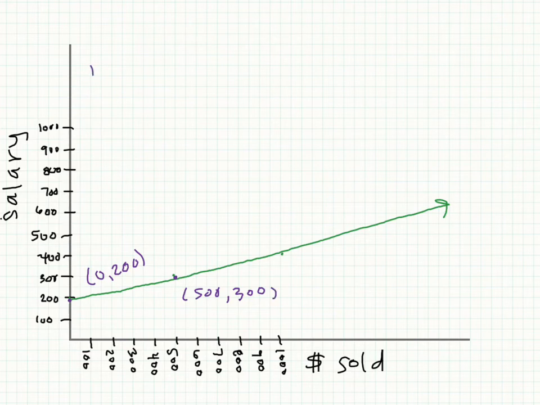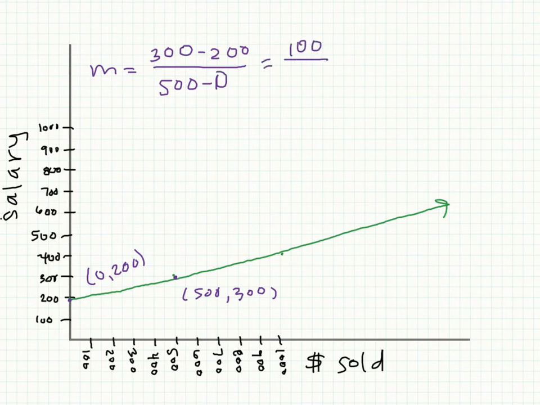By using the slope formula, I can do y2, which is 300, minus y1, or 200, divided by x2, 500, minus x1, 0. And I get 100 over 500. That fraction simplifies to 1/5.